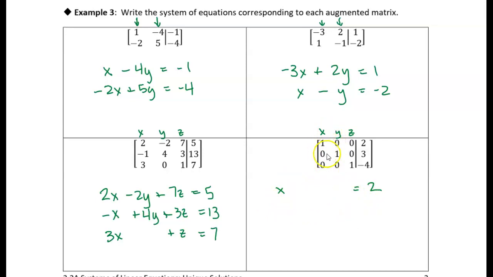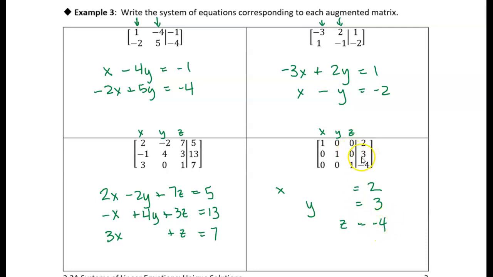All right, so the second row corresponds to 0x plus y plus 0z is equal to 3. So basically y equals 3. And then the final row corresponds to 0x plus 0y plus z, 1z, is equal to -4.